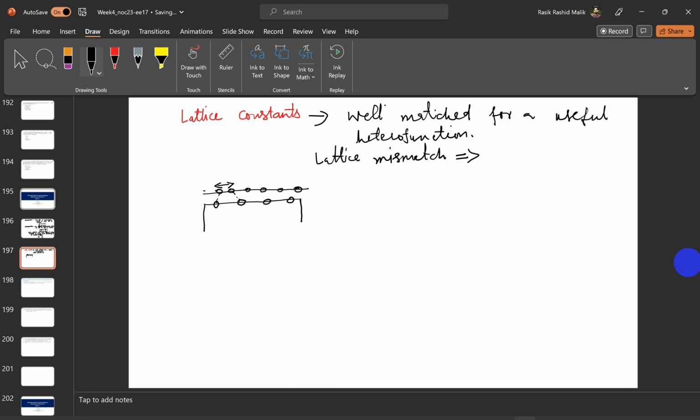There will be strain developed in material B on top of material A. So this we have to consider.